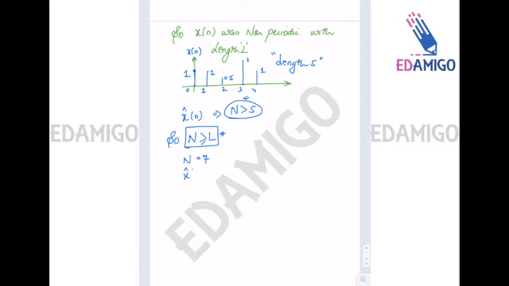So x cap n is formed by repeating x[n] after 7, 14, 21, minus 7 and so on.